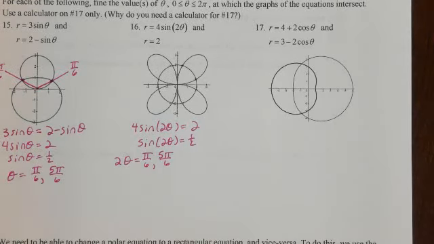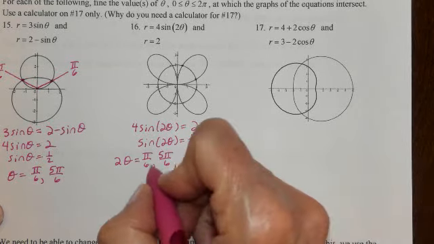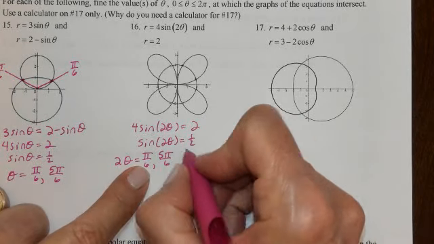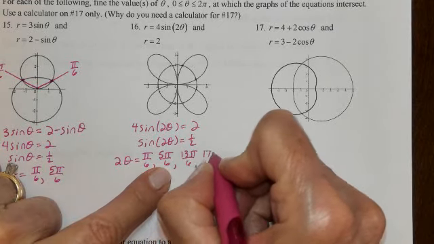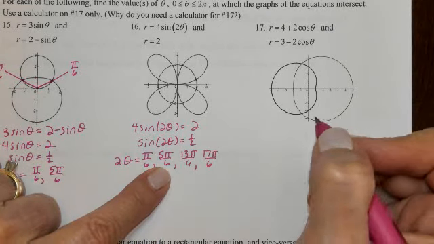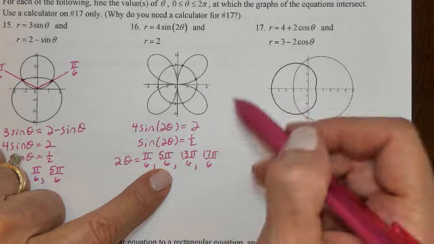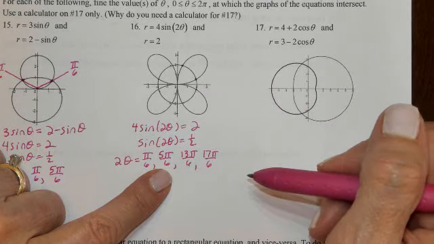If we add 12 pi over 6 again, we get 13 pi over 6 and 17 pi over 6. This is only going to give me 4 answers, and I know I've got 8. What's going on here?